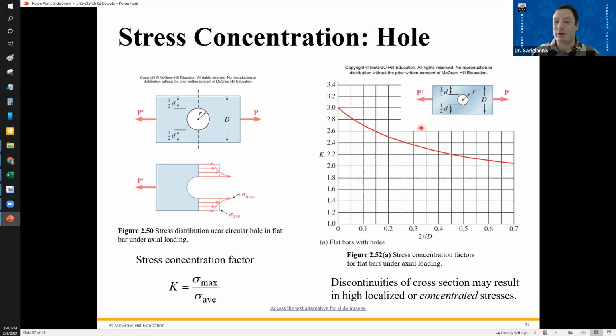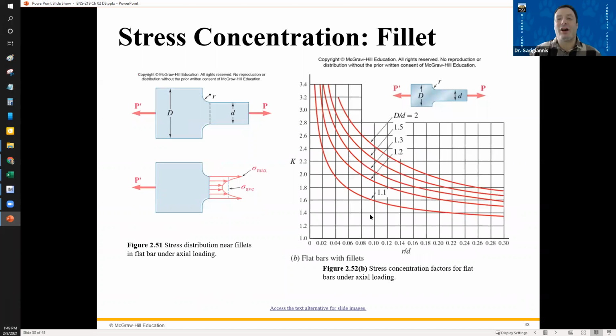So think about a really tiny hole: the K is much higher at the start of that hole than it is on average, because the average is mostly plate. But as your hole gets bigger, the average becomes mostly hole, and the average is now skewed by the maximum. So it never actually goes to, well, 1 in this case. But you can read these off of tables.